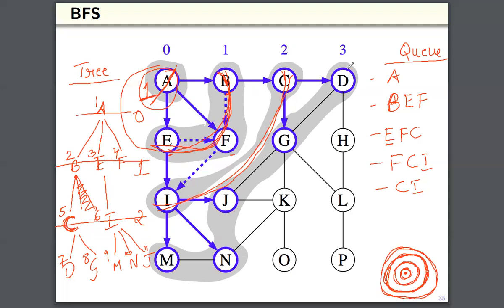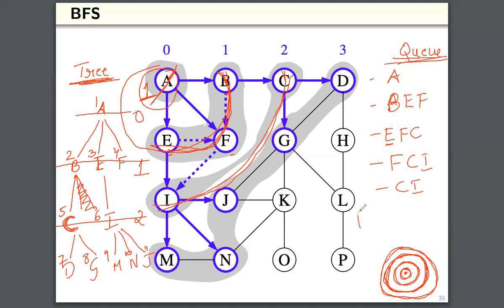Got it? So see, whenever you are given a graph, you can write the queue contents like this. You can write a tree expansion like this, right? You can see how the visited nodes, and also the level order traversal and everything here, right? And give the order of visits like this.